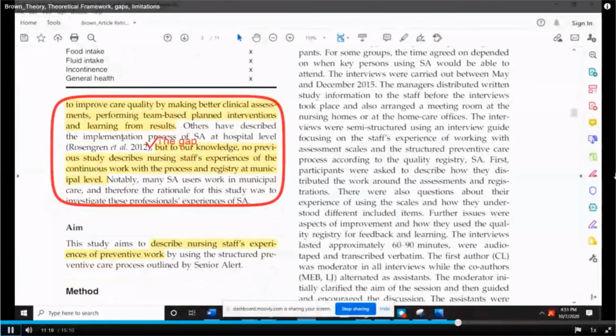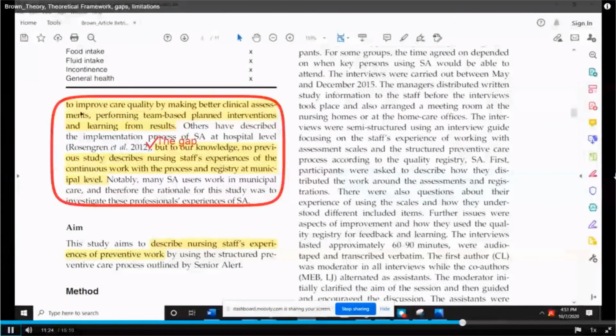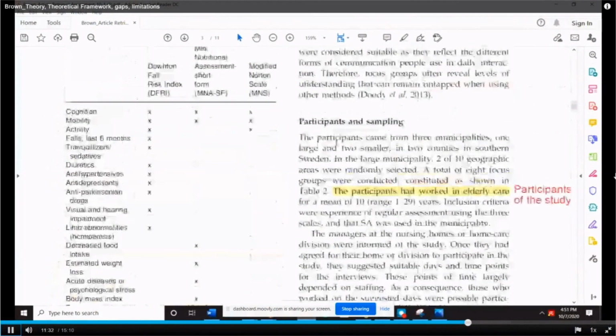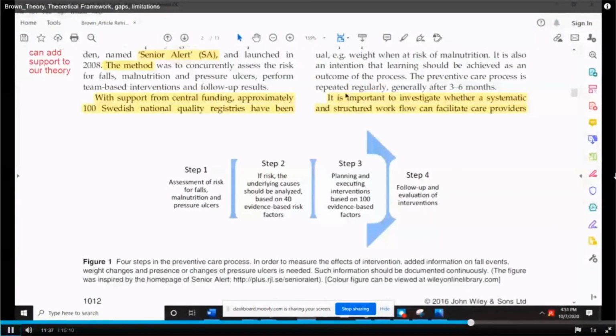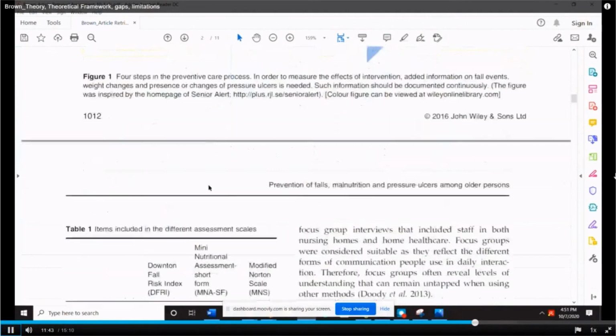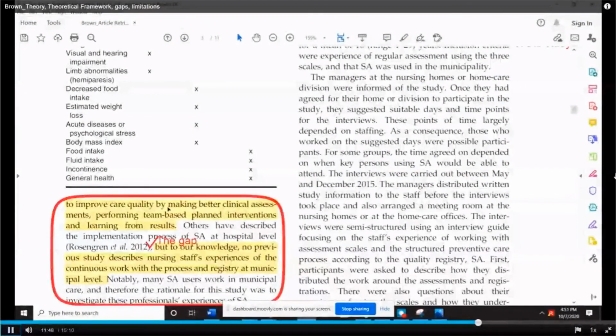I just want you to look at the wording here, because it's almost universally the same type of wording. They'll say something like: it is important to investigate whether a systematic and structured workflow can facilitate care providers to improve care quality by making better clinical assessments, performing team-based planned interventions, and learning from the results.